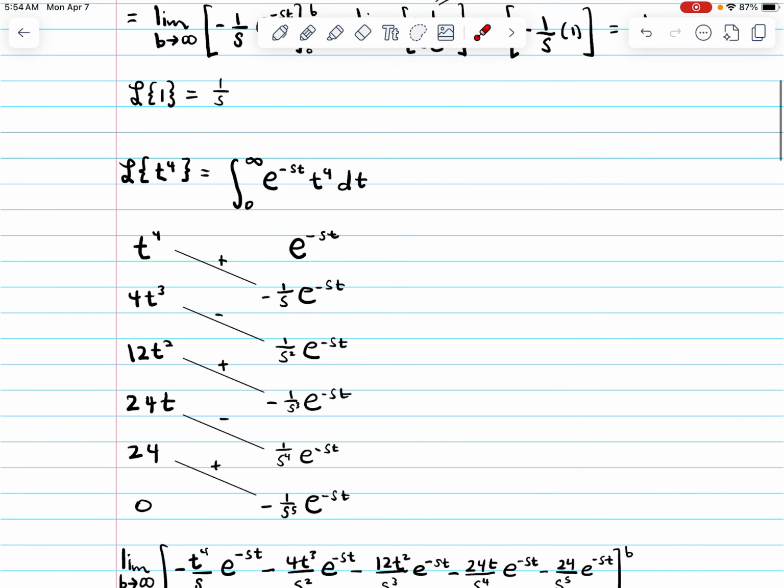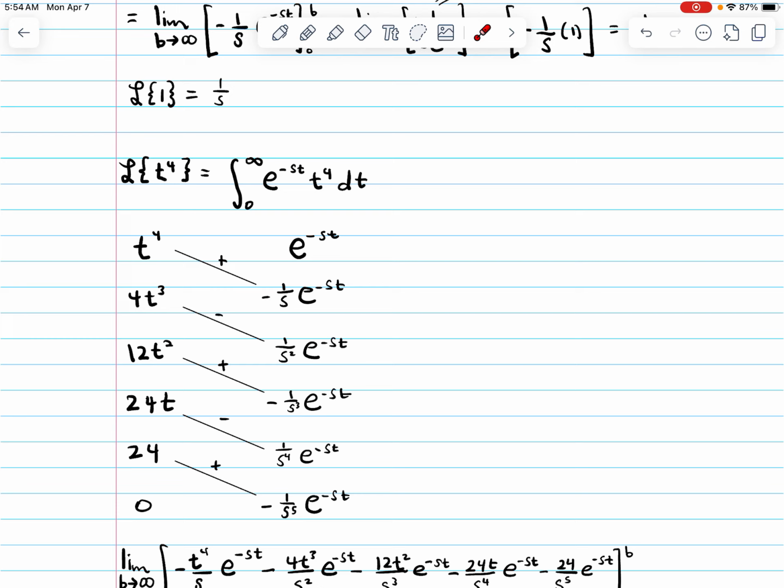And remember how we do that. We take the one function, t to the 4th, and we start differentiating it, and we keep differentiating it until there's nothing left. So the derivative of t to the 4th is 4t cubed. Then we differentiate that, get 12t squared, differentiate that, 24t, and so forth.